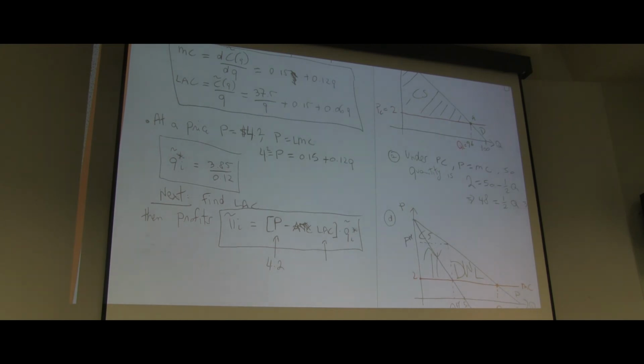So it's CS plus pi plus DWL. Okay? 100 minus 2 is equal to the area up here. That's it. So we've already calculated that at 3,000 something, $2,304. And if you calculate the consumer surplus, the profit, and the deadweight losses here, you'll get exactly the same number.